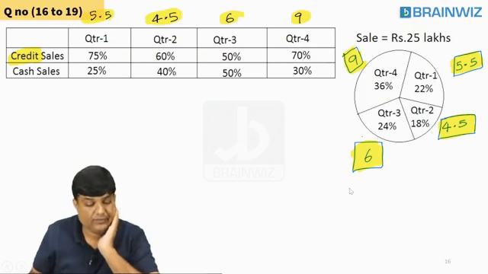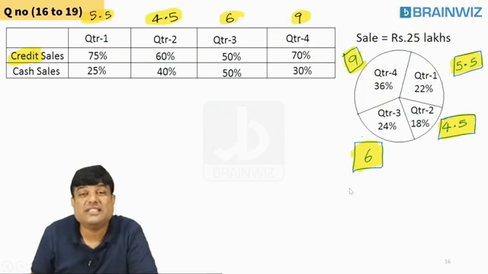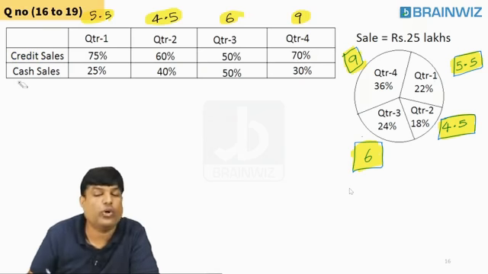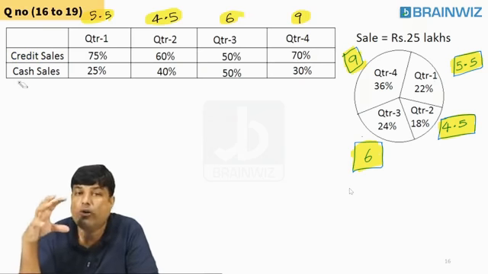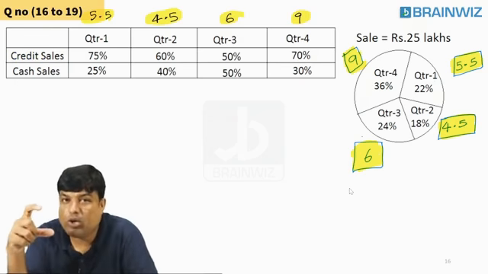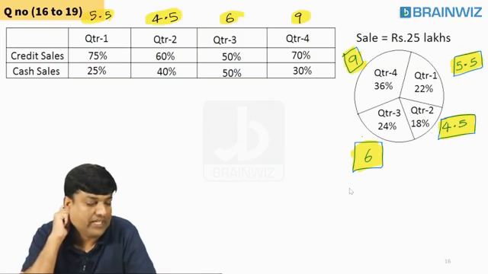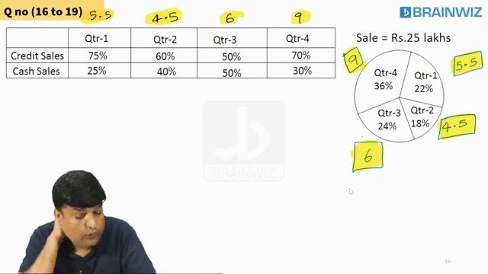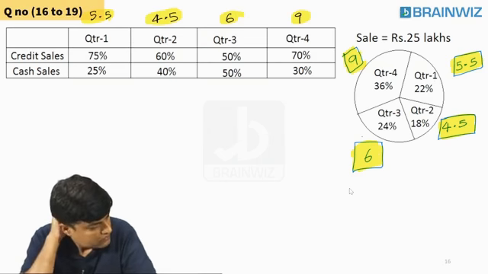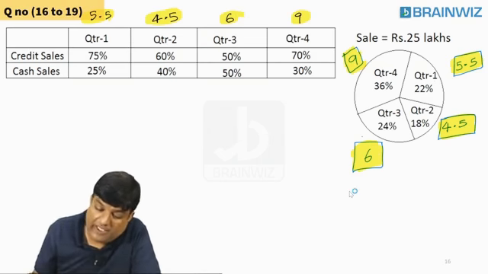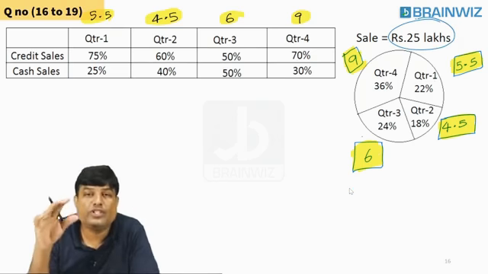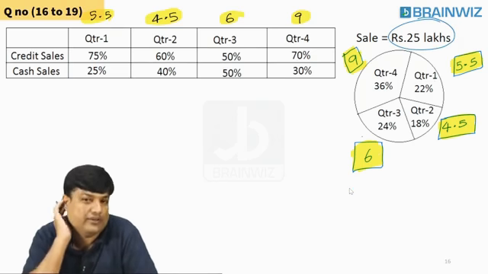If I ask you, how much of the cash sales have been done in the fourth quarter? How much amount of cash did they get in the fourth quarter? Any idea? First of all, from this 25 lakhs, you should get how much you did on fourth quarter sales.